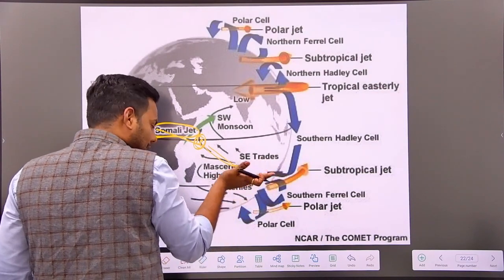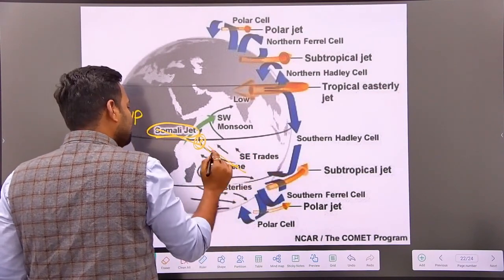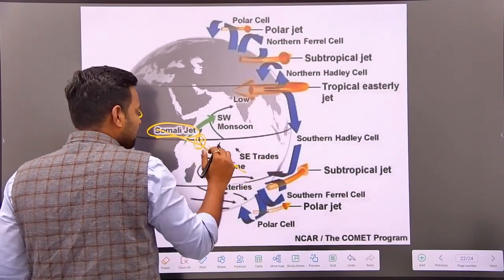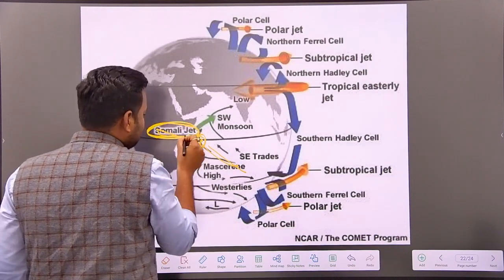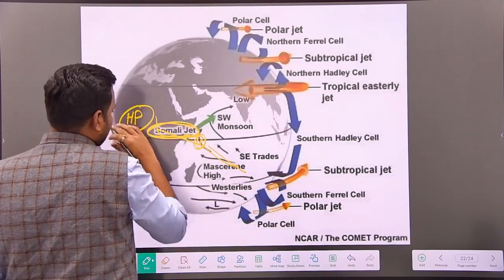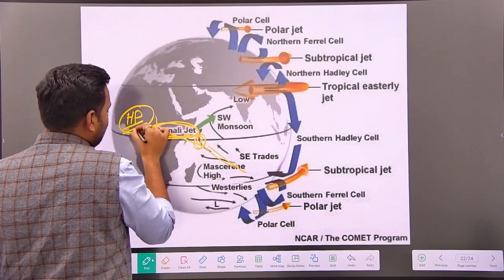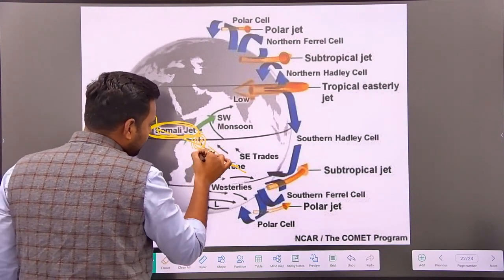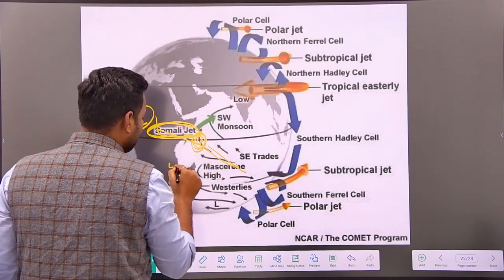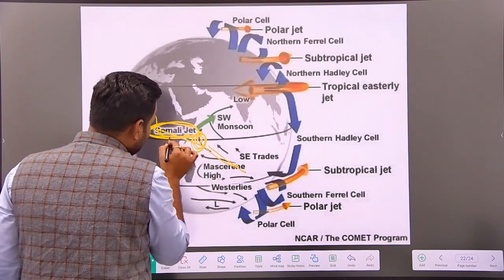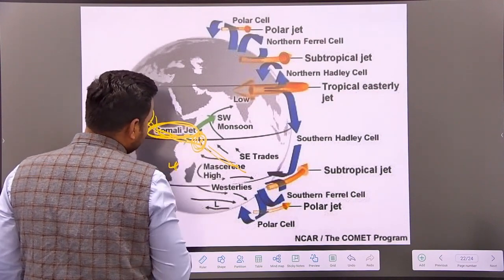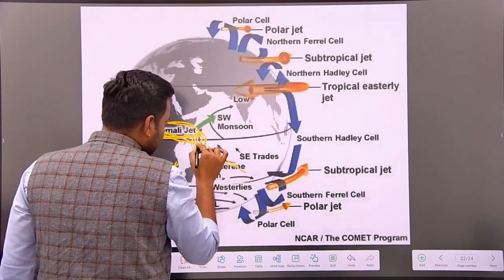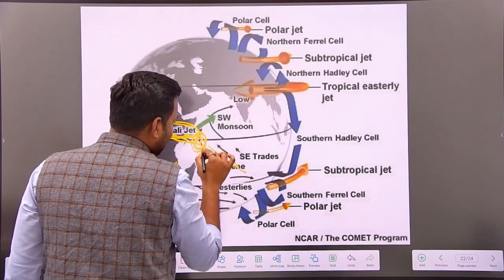The southern hemisphere's trade winds are pushed. Here is the Somalian jet stream, with high pressure above it and low pressure near Madagascar.